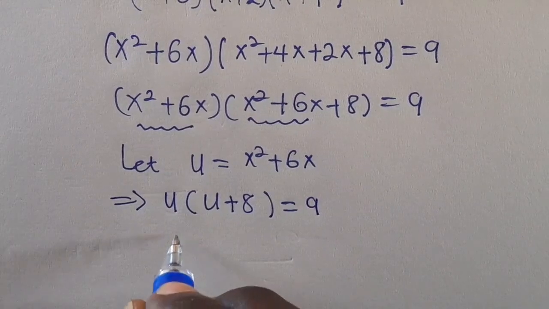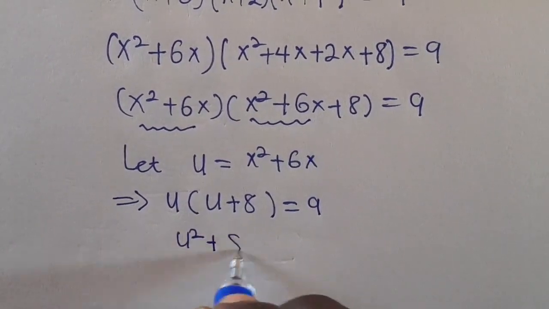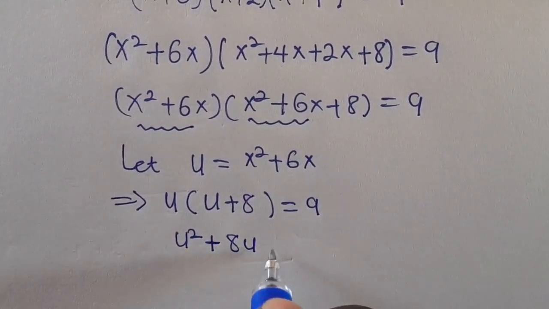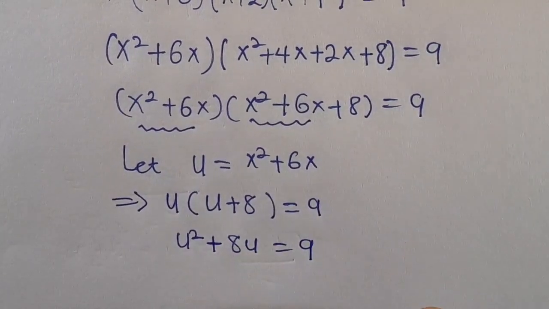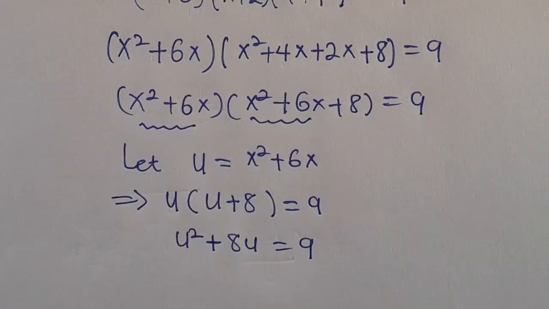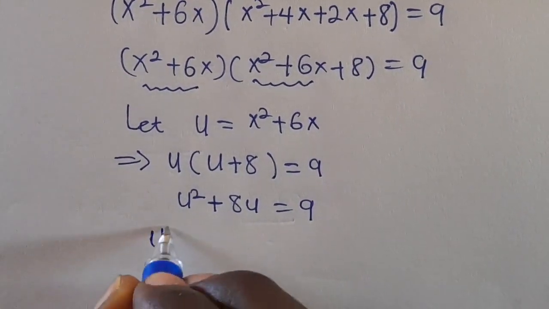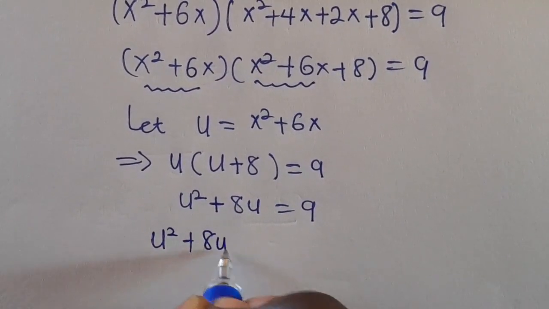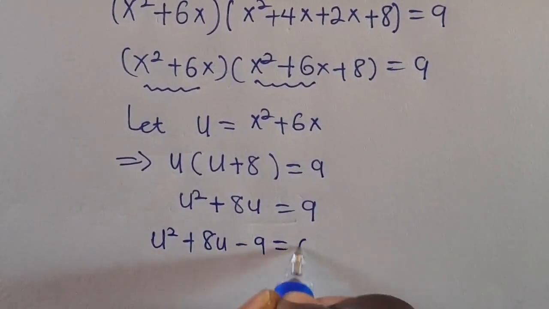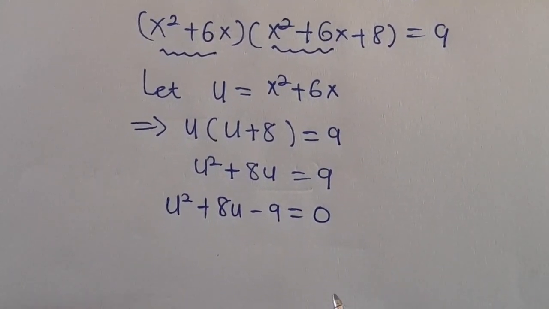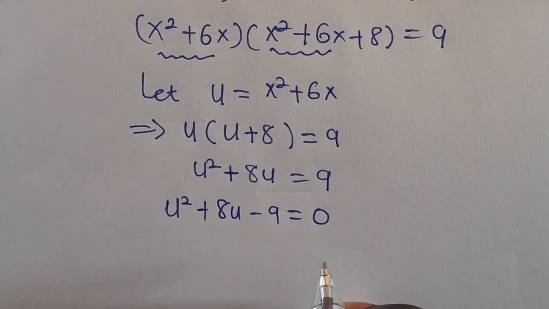When we open the bracket, we have u squared plus 8u equals 9, so u squared plus 8u minus 9 equals 0.